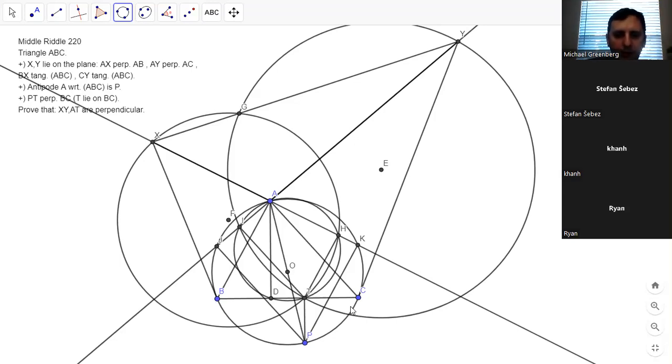Angle XBC is angle YCB. We keep forgetting to use that, and then somehow you use Trig-Cheva, you might be able to show the sine of this over the sine of this.